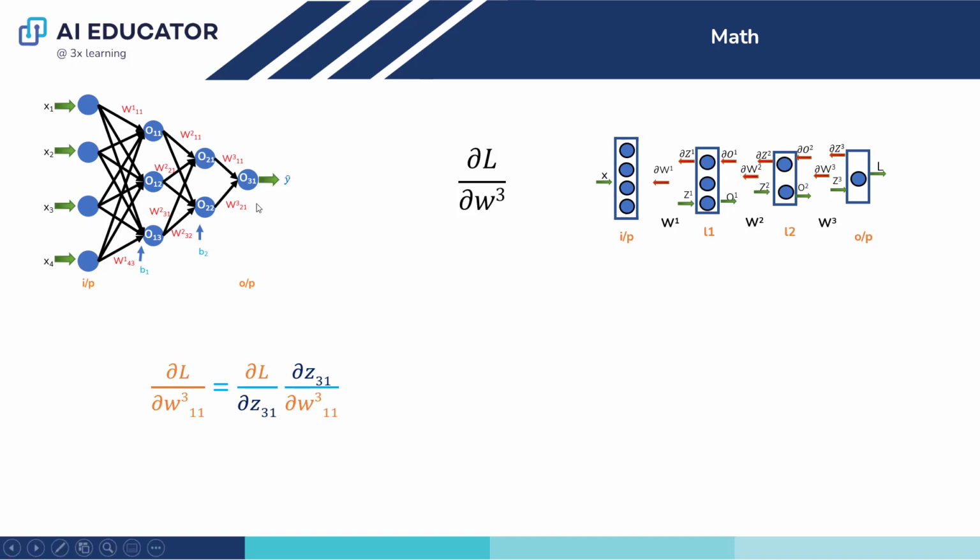In a similar way, we can find ∂L by ∂W321, which equals ∂L by ∂Z31 into ∂Z31 by ∂W321.